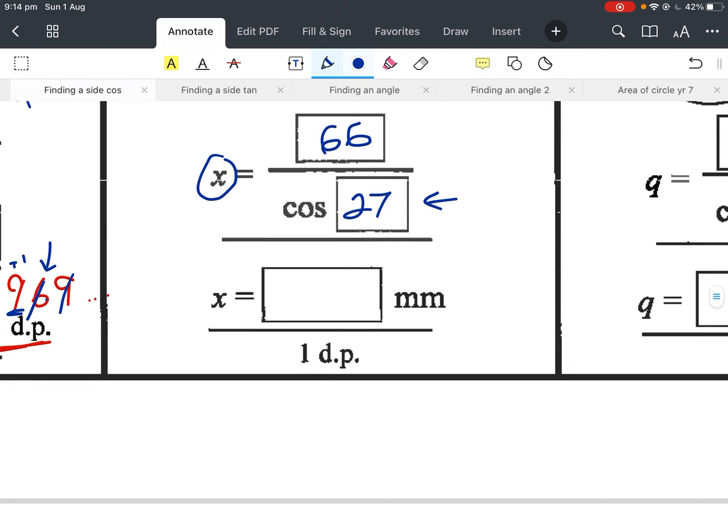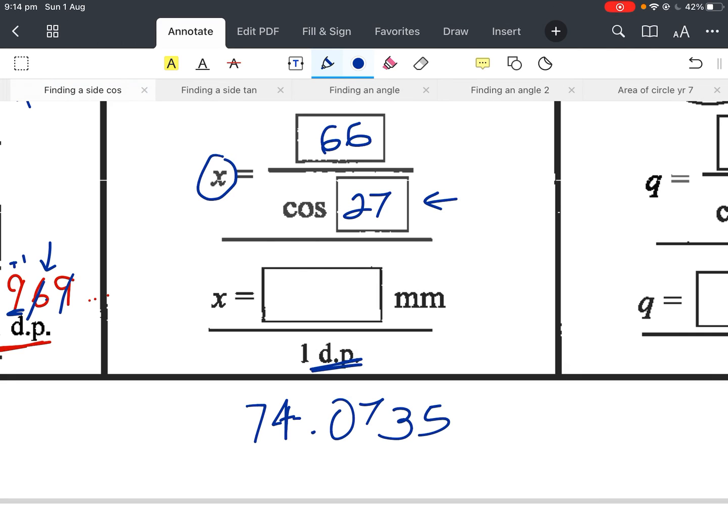Alright, so now we've got to put that into our calculator. 66 divided by, or fraction key is fine. If you've got a sharp, you might want to put it in brackets, cos 27, close brackets, and I get 74.0735.